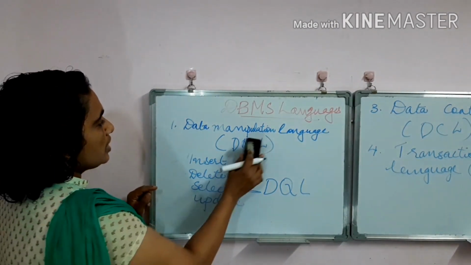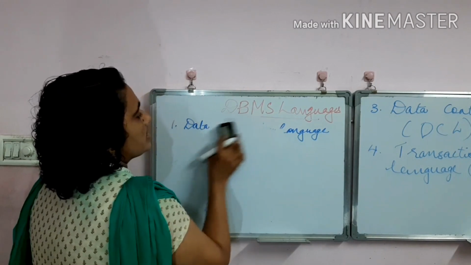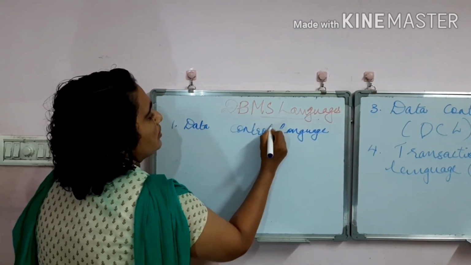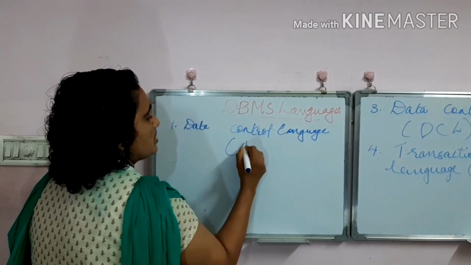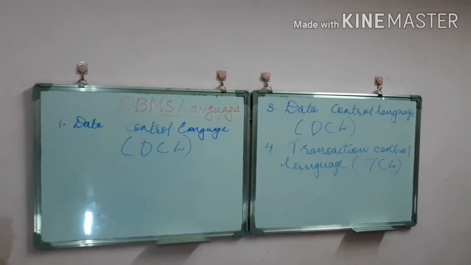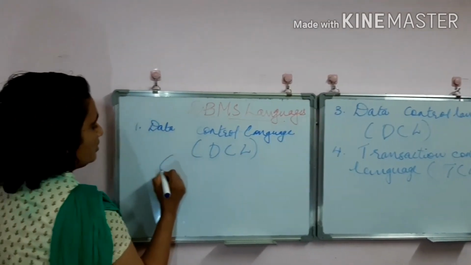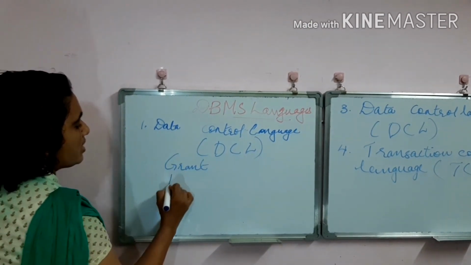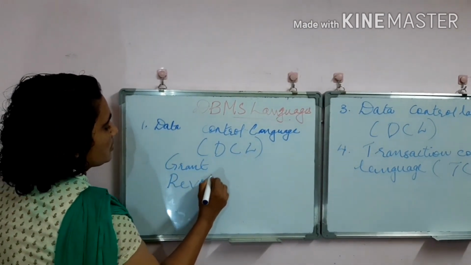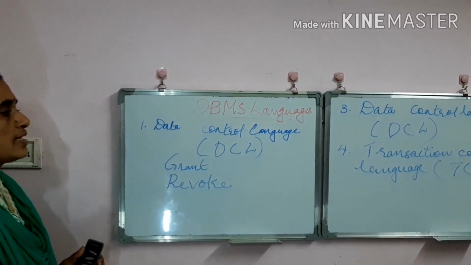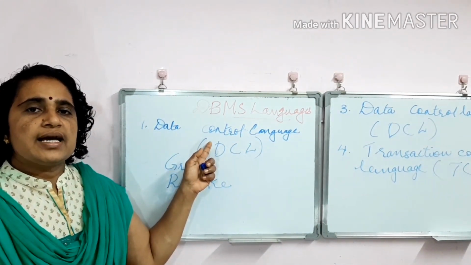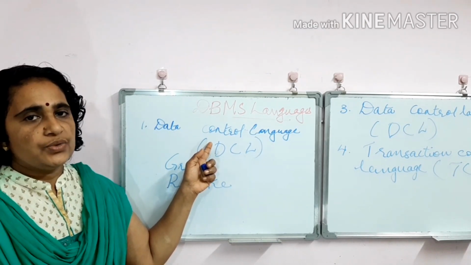Okay. Next one is the data control language commands, that is DCL. These commands are grant command and revoke command. These DCL commands can be used to grant and revoke privileges to users.